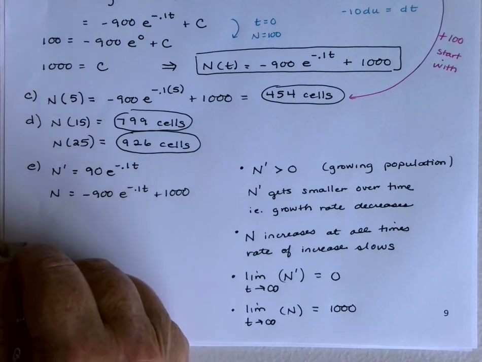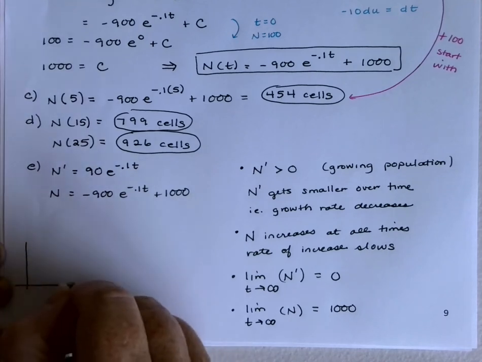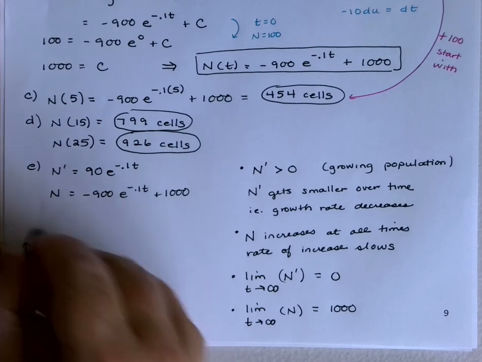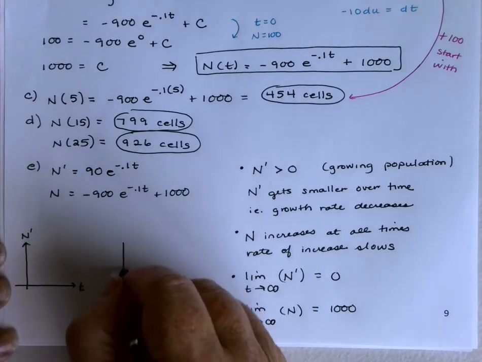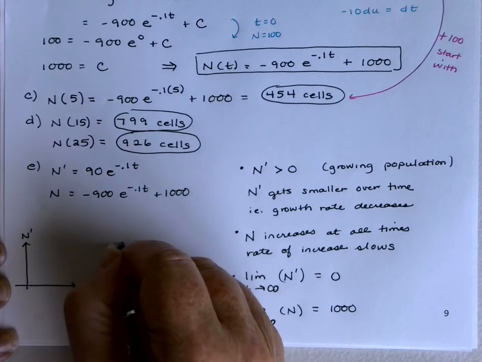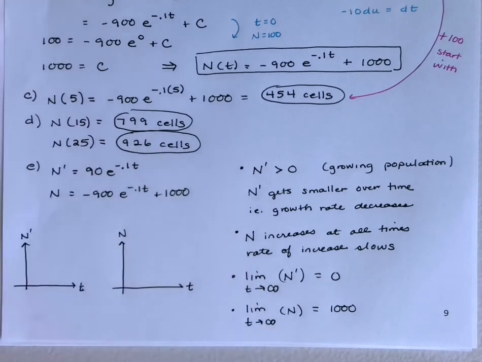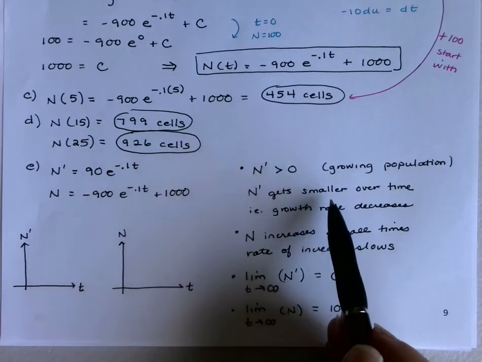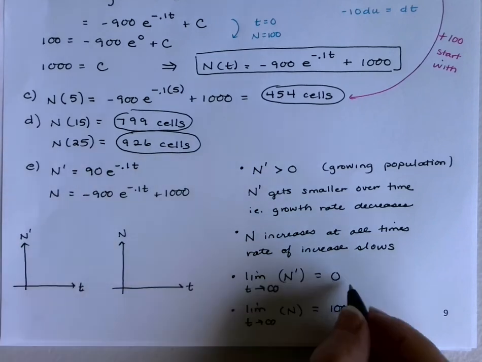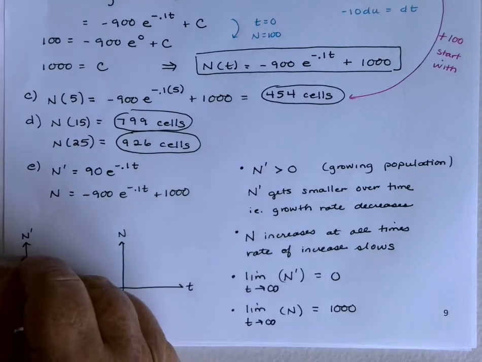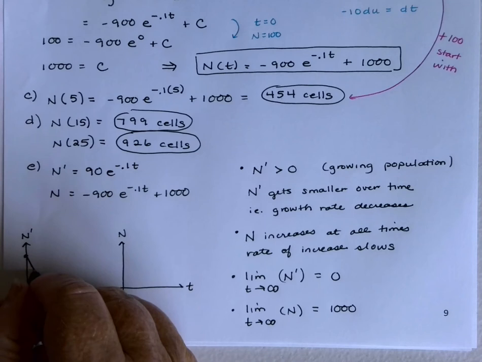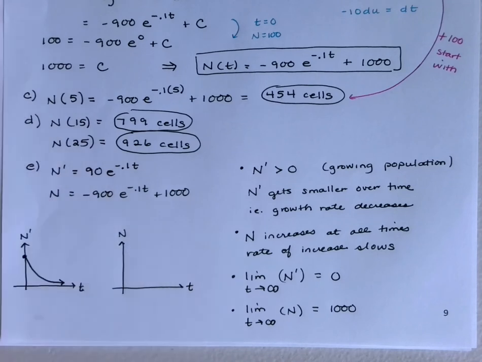So if I were to draw a couple of graphs, here's one for n prime, and there's one for n. Even without graphing on the calculator, n prime is positive and gets smaller over time, going towards 0 as t goes to infinity. My n prime graph should look like this.